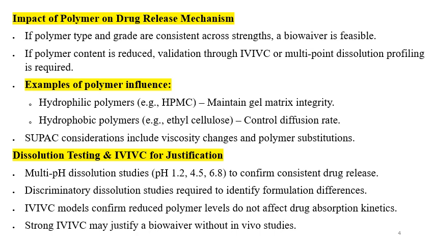These may be pellets or MUPS type of formulations. SUPAC considerations include viscosity changes and polymer substitutions. So we need to understand the chemistry of the polymer, quality and quantity of the polymer among the strengths.